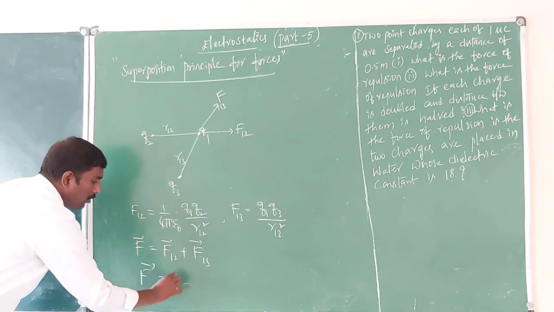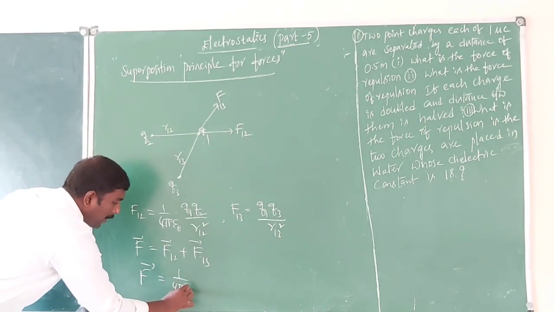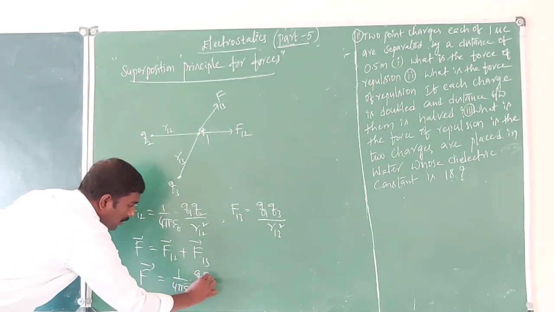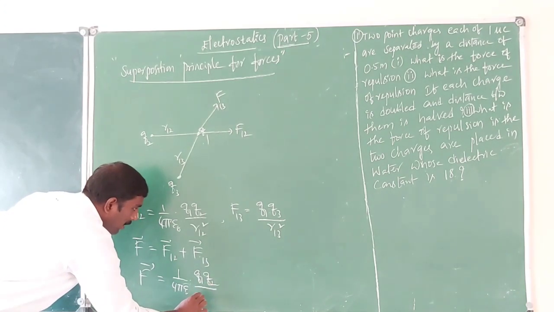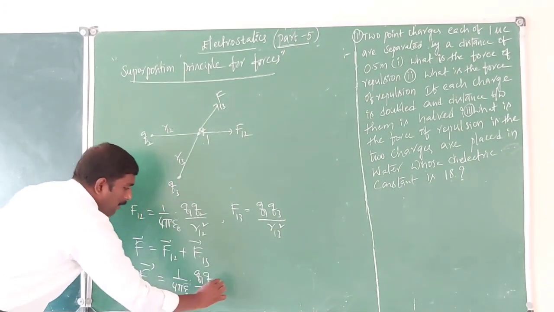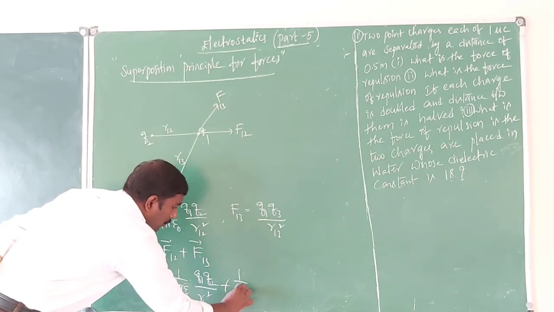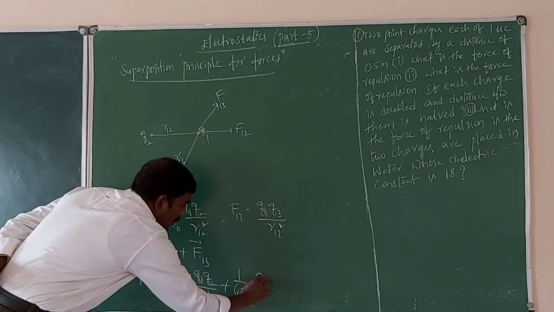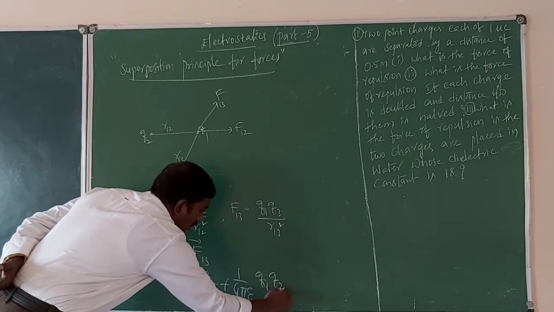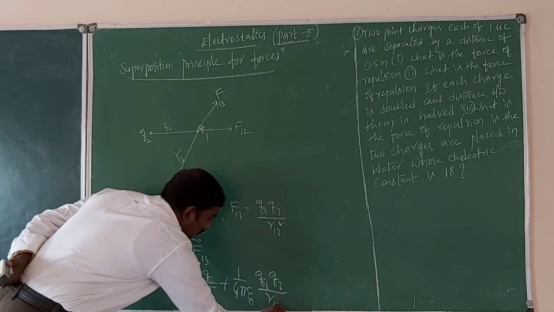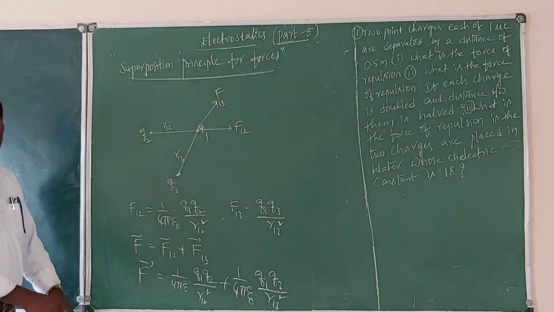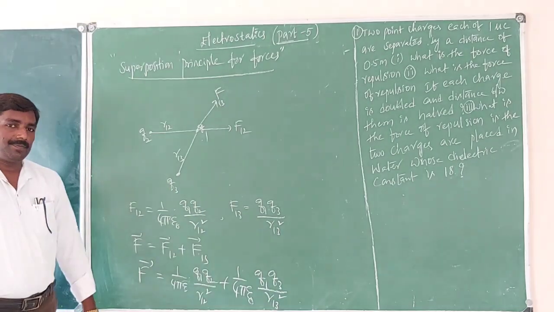F is equal to 1 over 4 pi epsilon naught Q1 Q2 by R12 square plus 1 by 4 pi epsilon naught Q1 Q3 by R13 square.